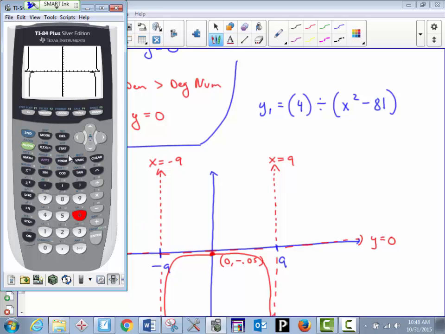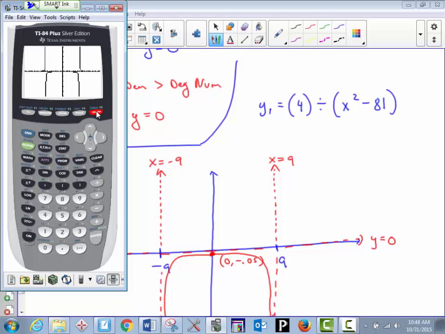We have a lot of y values up and down, so I'm going to adjust those and bring it further in, so maybe 5 to negative 5. And out here, I'm not able to see exactly what's happening on the ends, so I'm going to make the x values a lot bigger and a lot smaller. So go to the window, let's do negative 20 to 20 on the x's. And then let's scooch the y's to be smaller numbers. So let's do -5 to 5. That may still not be small enough, but we can at least check and see. Graph that.